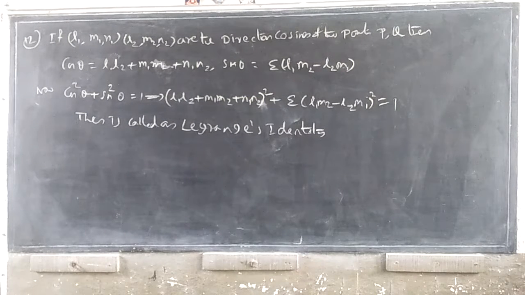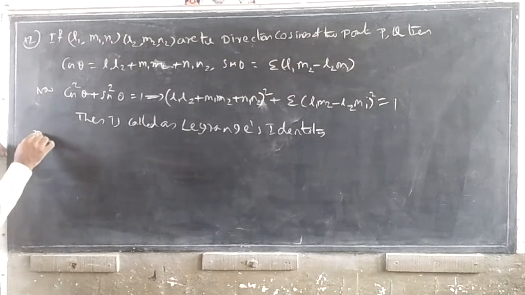Next one, the 13th formula, if three vectors are collinear.